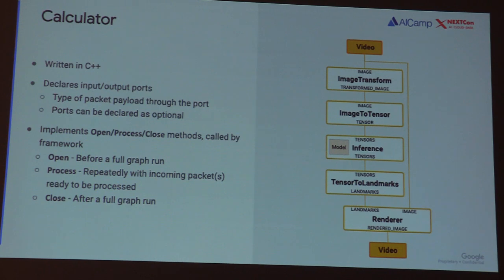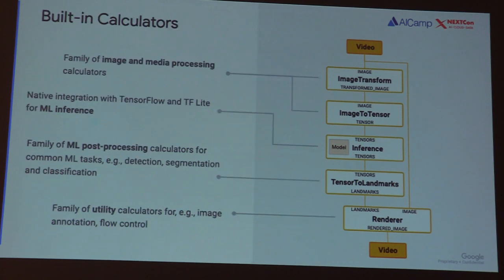Each calculator follows a life cycle which consists of an open call where the calculator is able to initialize itself, repeated calls to process, one call to process for each time series data point, and a call to close where the calculator can free up resources, but also can produce a summary of all the data it's seen. And so built-in calculators are the calculators that are included with the MediaPipe distribution.